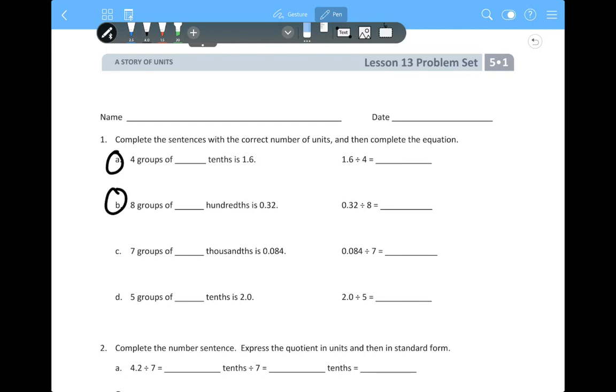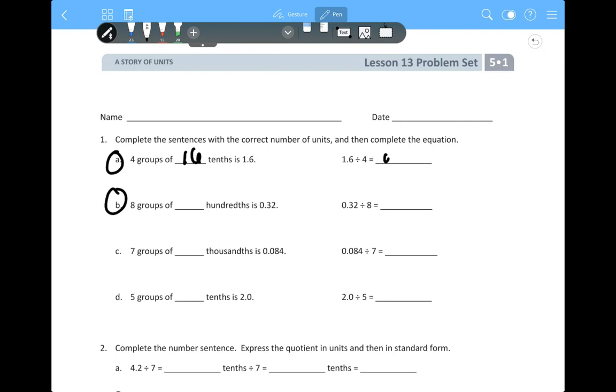Okay, so this first problem says complete the sentences with the correct number of units and then complete the equation. So 4 groups of blank tenths is 1.6. So I've got a 6 here in the tenths column, so I've got 16 tenths. 16 tenths divided by 4 is going to be 4 tenths.